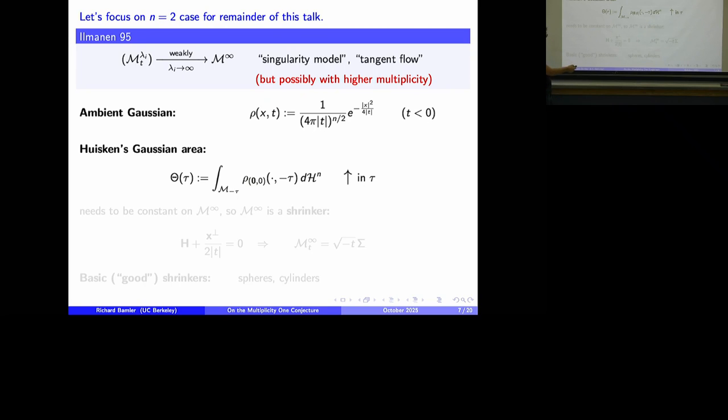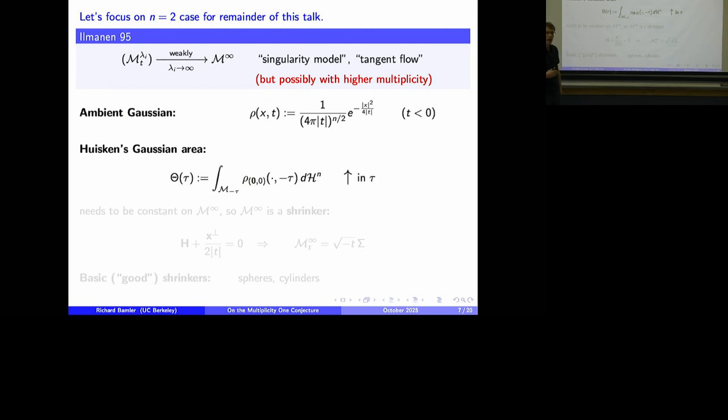And then you can take this Gaussian and integrate it over time slices before you get to the singularity. So if you go tau far away from the singularity, here I assume the singularity is at time 0, then you just integrate this Gaussian over the time minus tau time slice. This is a scaling invariant quantity, and Huisken showed that this is monotone in tau.